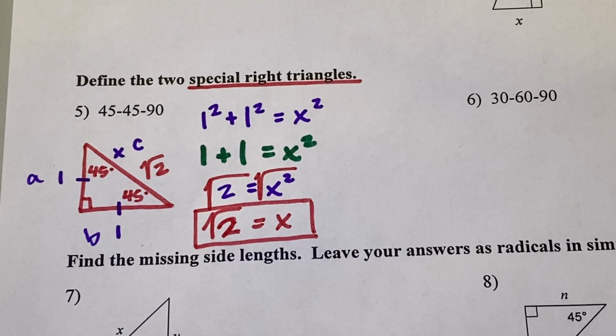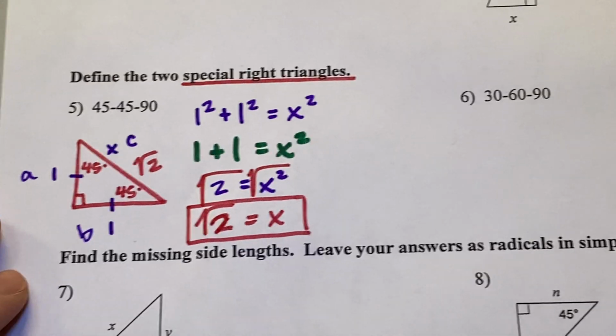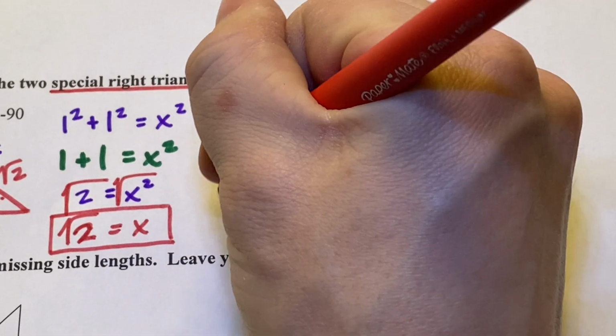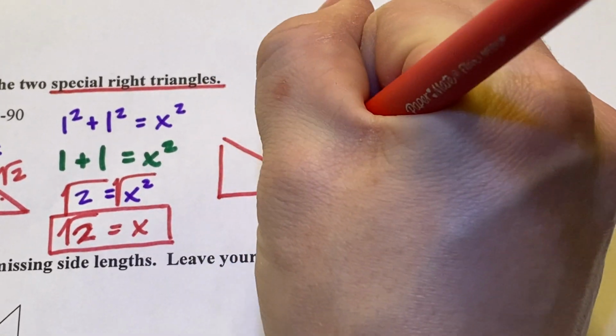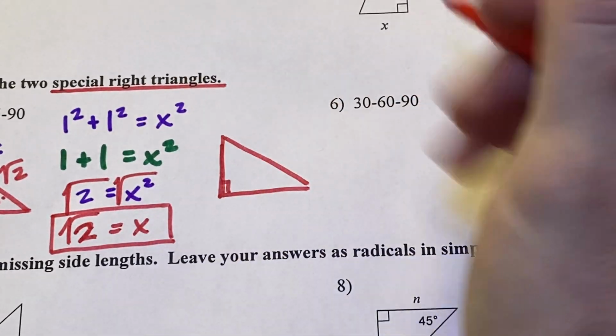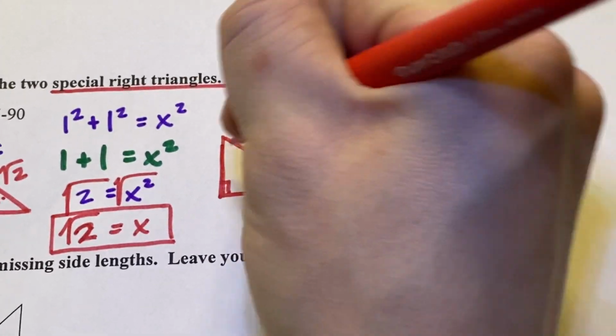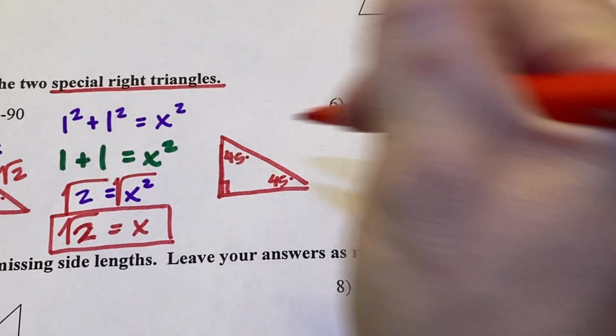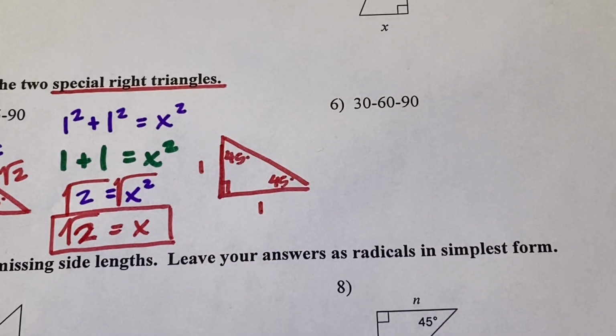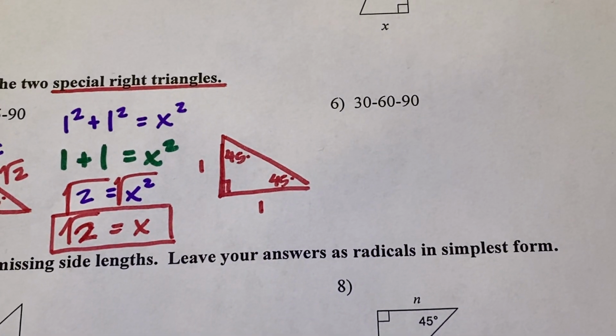Root 2. So that's how we found this special right triangle. Let's draw ourselves another one where it's not so messy, one that we can easily refer to. We have our 45, our two sides are 1 and 1, because those are equal to each other.